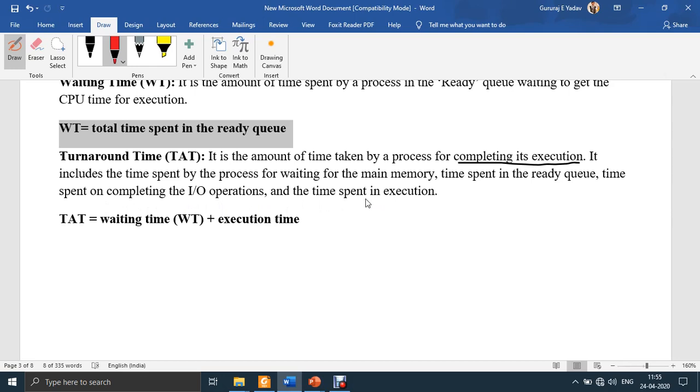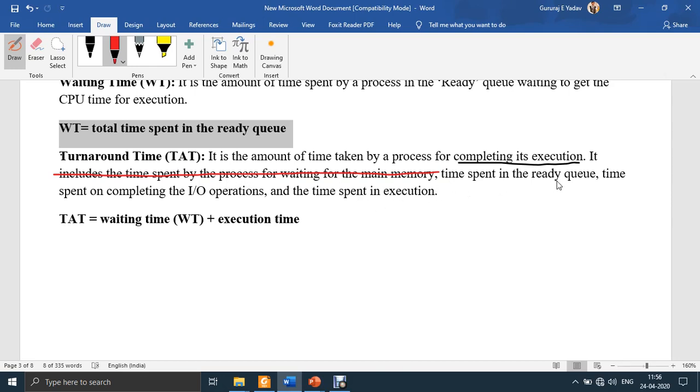In the previous example we had assumed that there are no IO operations and the processes are all ready. So we need not wait for acquiring the main memory, since they have already acquired it. So you have to remove this, because this was the assumption in the previous problem.